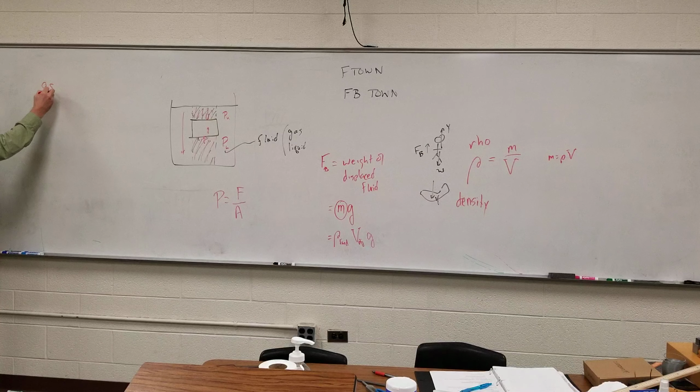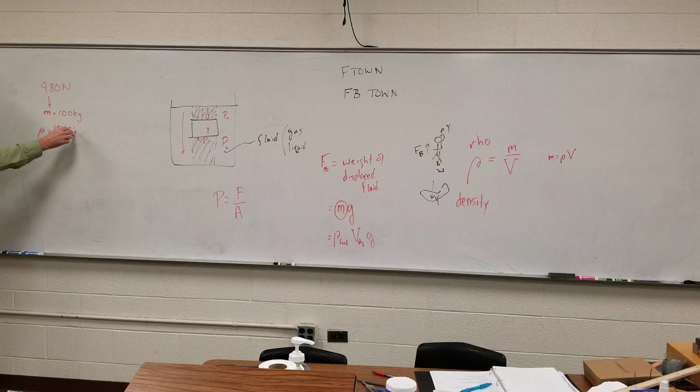So I claim my weight is somewhere around 980 newtons, ish. That relates to a mass of about 100 kilograms. My density is roughly 1,000 kilograms per cubic meter, and I know that because my density is about that of water.